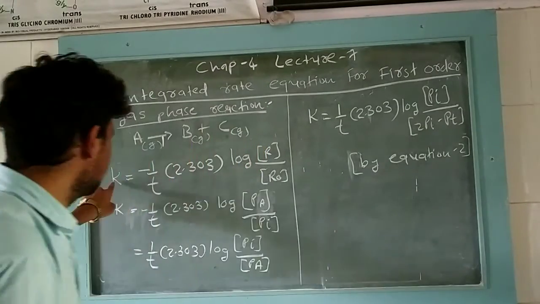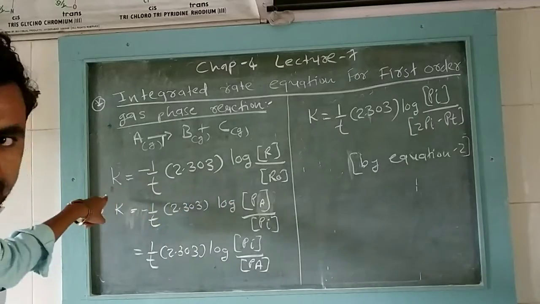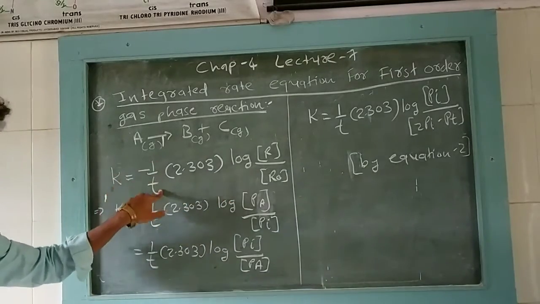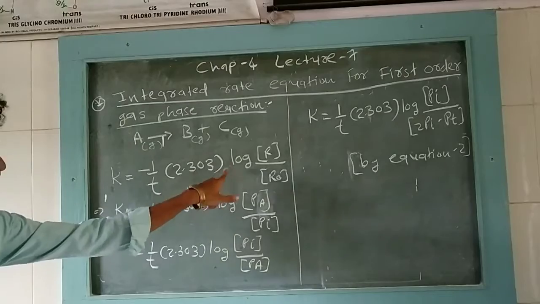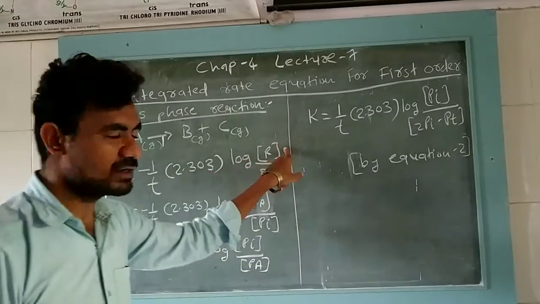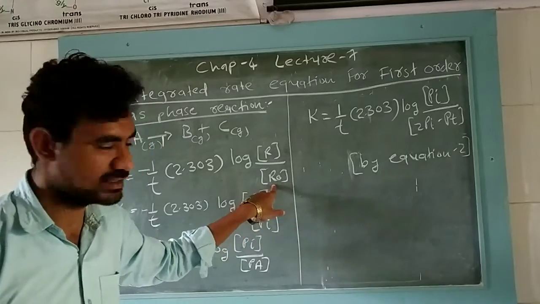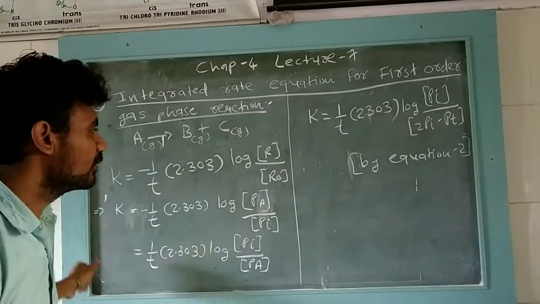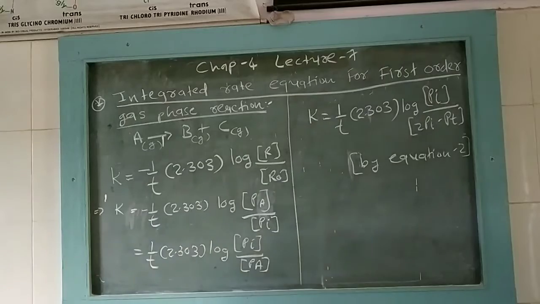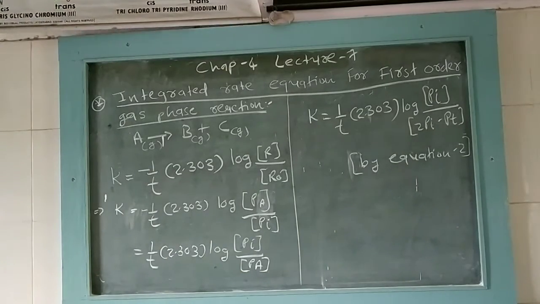Now this equation we derived yesterday. K is equal to minus 1 by t into 2.303 into log of concentration of reactant divided by concentration of reactant at initial stage, R0. Now instead of concentration I am using pressure here.